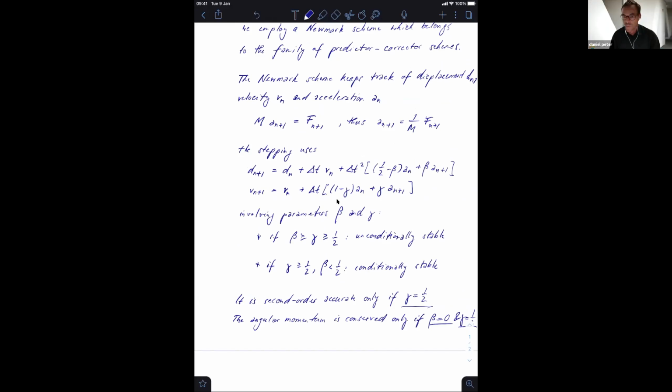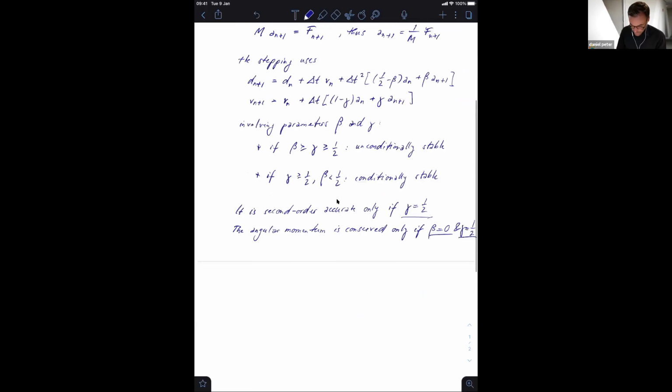Right, if you remember our conservation laws, angular momentum is conserved when we have this symmetric stress tensor. And it is something that we want to have when we look at the wave equation. So having a scheme which numerically is accurate in conserving the quantity, that's an advantage of the scheme.